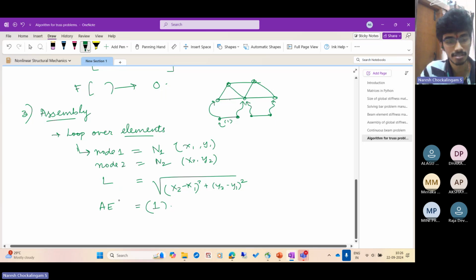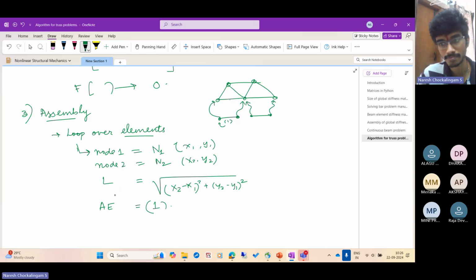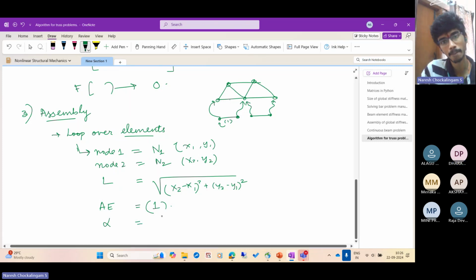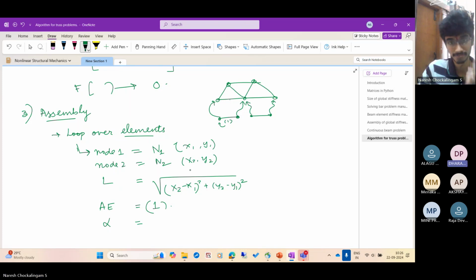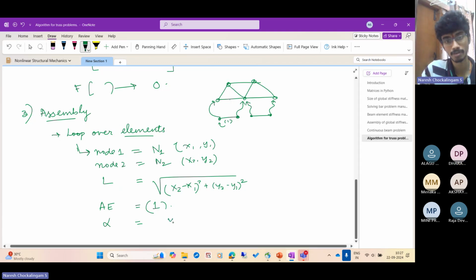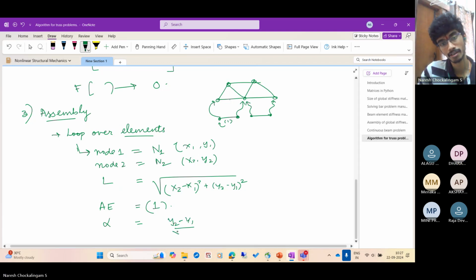And what other information is required for the truss problem? Is this enough? What is the main difference? Alpha, perfect. So how do you find alpha? You have the coordinates. Can you find alpha? Del y by del x, so you mean y2 minus y1 by x2 minus x1.